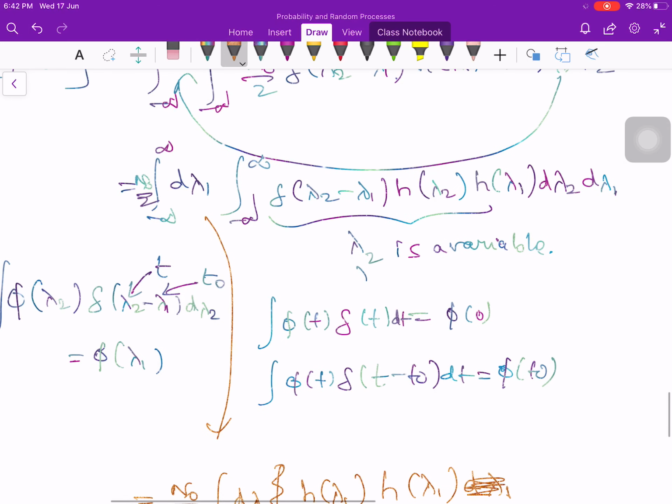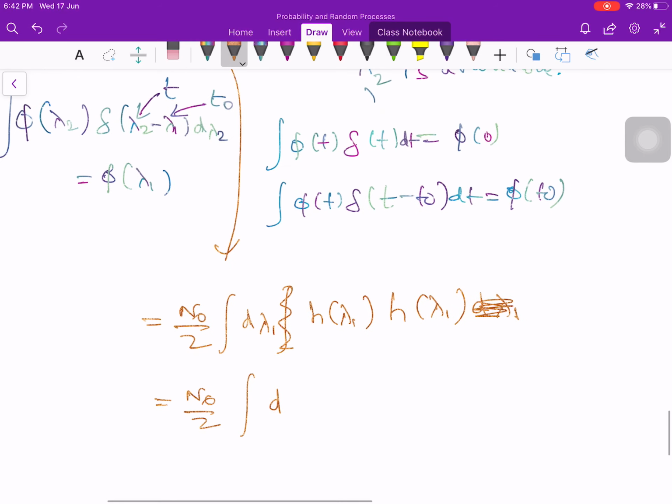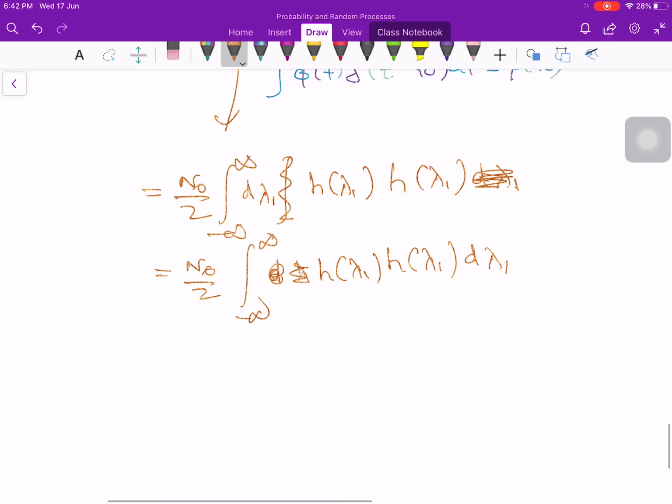Sorry, this step will not go away, because I brought it here. Let me rearrange this. h of lambda 1, h of lambda 1, d lambda 1. So n naught over 2 times the integral of h squared of lambda 1 d lambda 1.